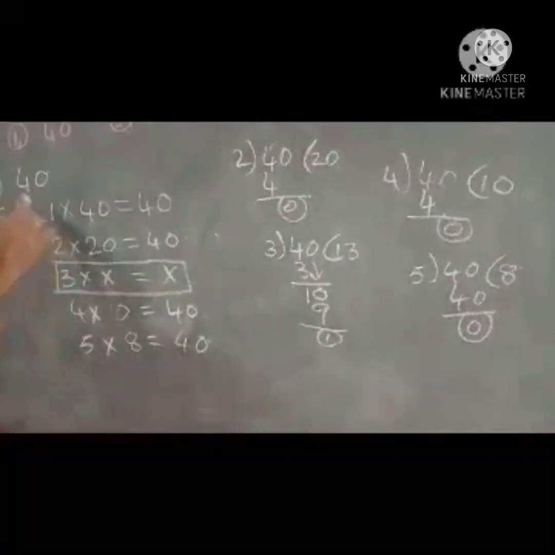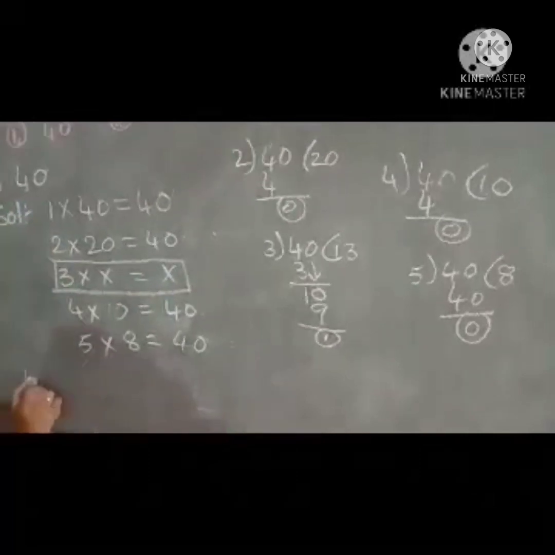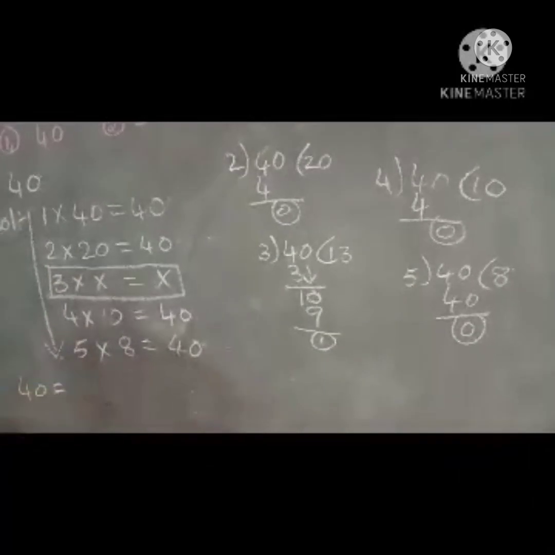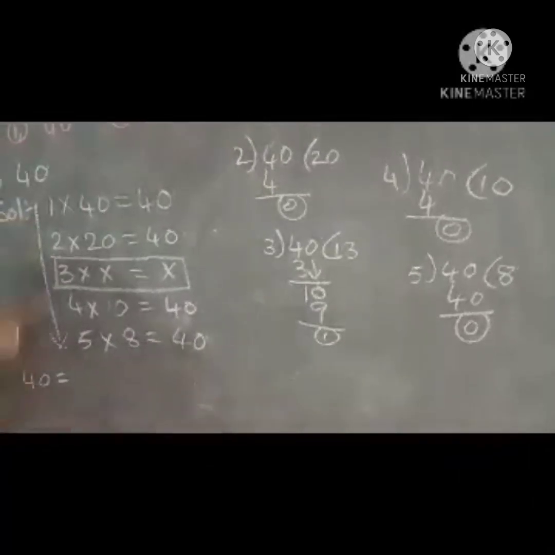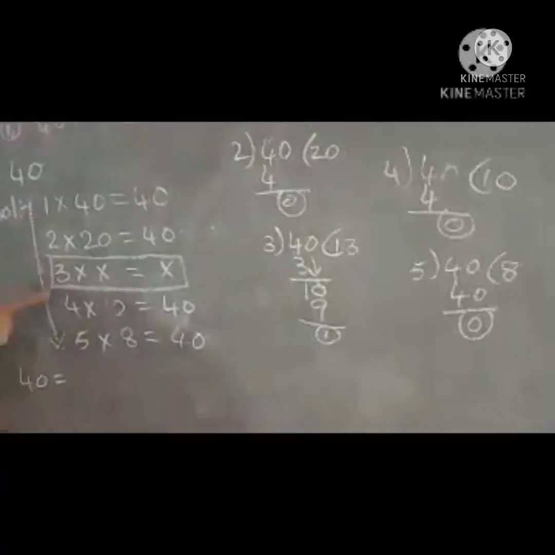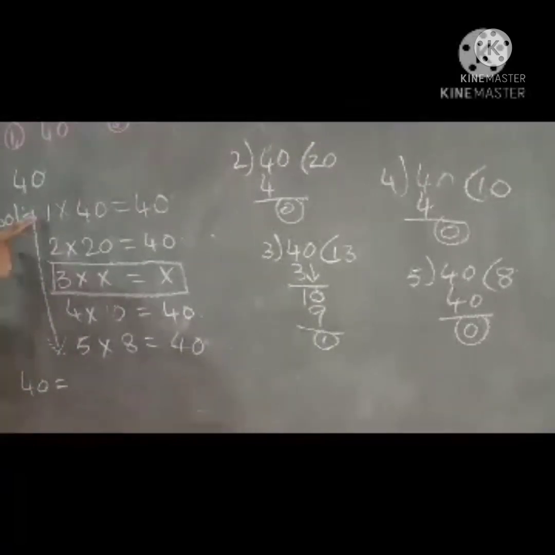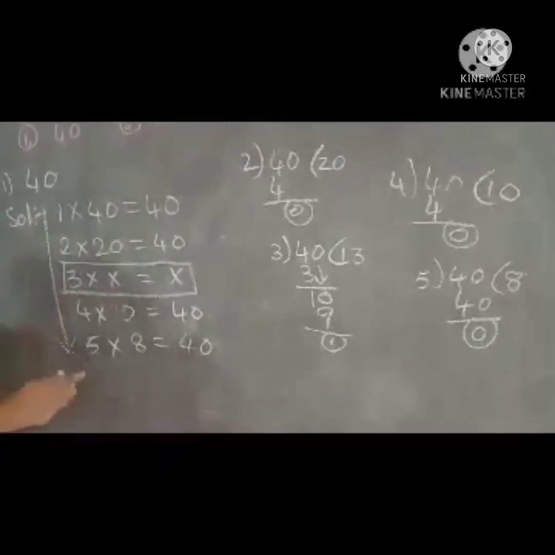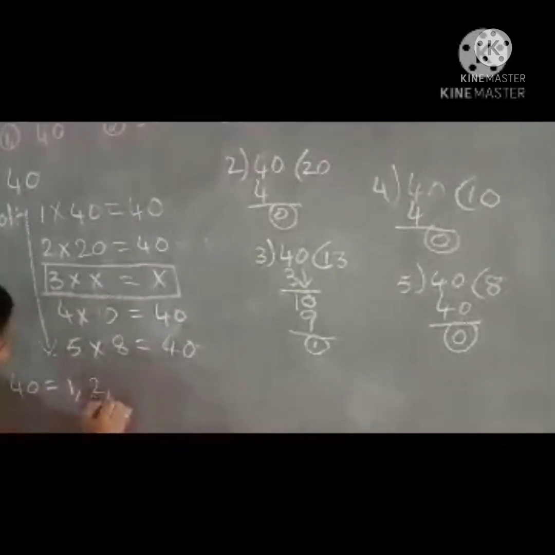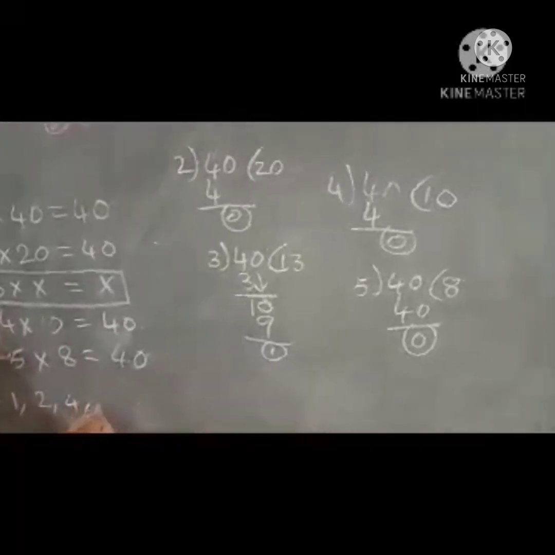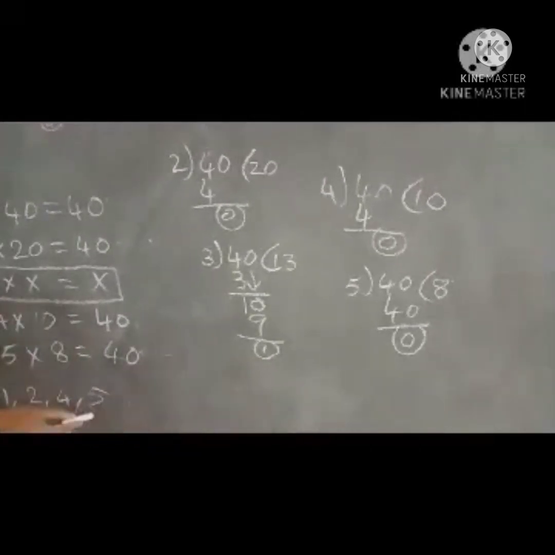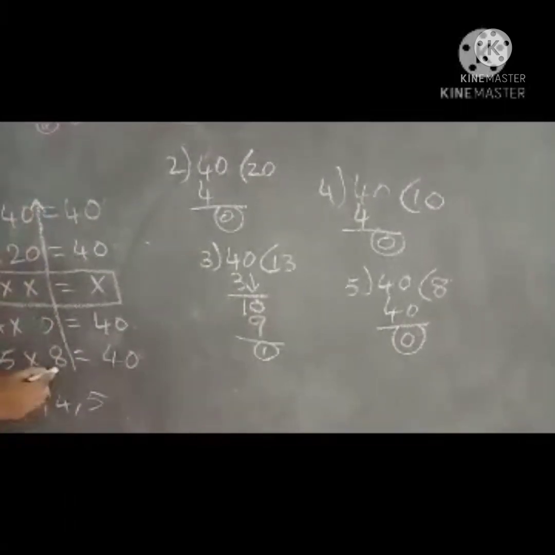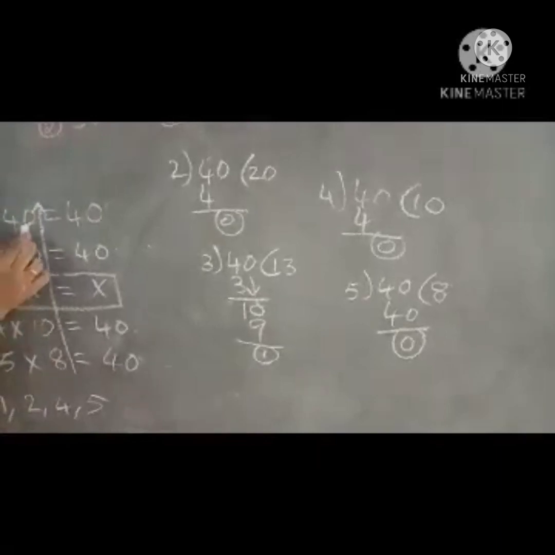See here, what are the factors of 40? 40 equals to, first we have to draw this line. It is very easy to find out the factors here. 1, 2, 4, 5. See the factors 1, 2 and 4, 5. After completing the 5, again what are the factors here? 8, 10, 20, 40.